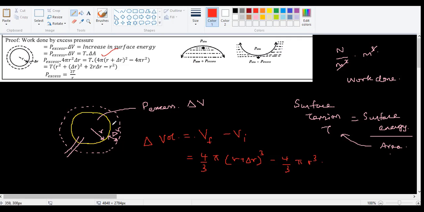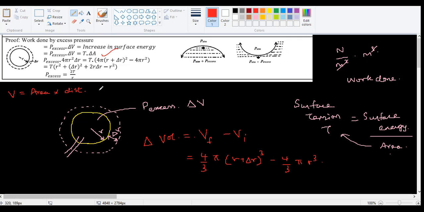Since the increase here is very, very small, if I assume that, another way of understanding volume is cross-sectional area into distance. Remember pi r squared into h. What is the volume of a cube? a squared into a, which means a cubed.